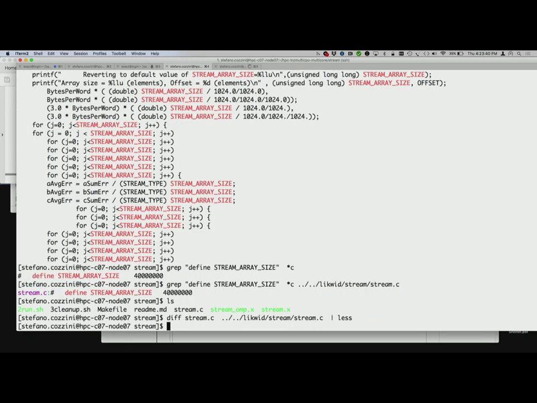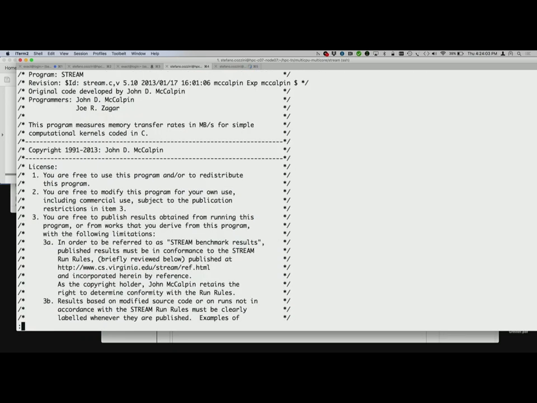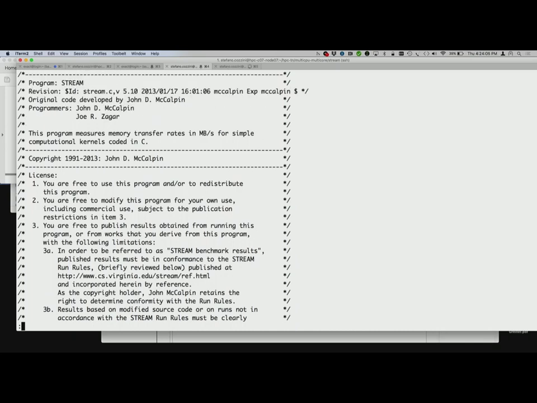So the source code is completely different actually, so it could be that this explains the situation a little bit. Say again? Make? So this is actually the 5.10.